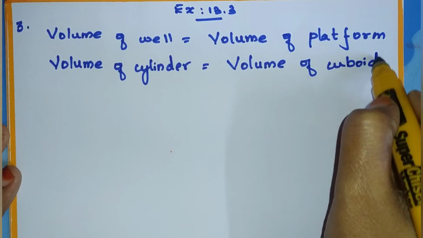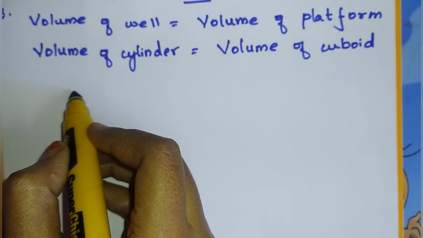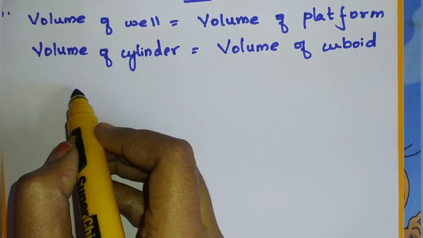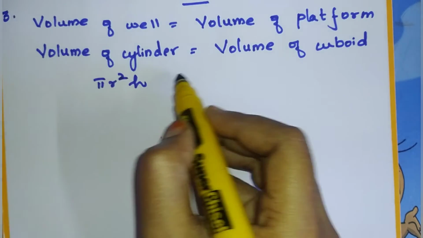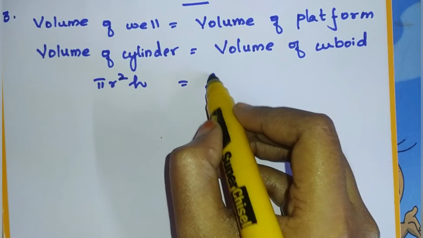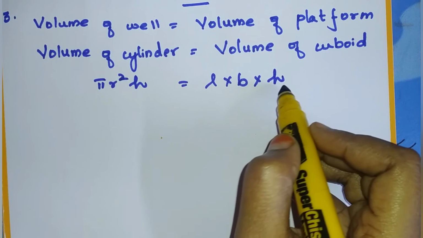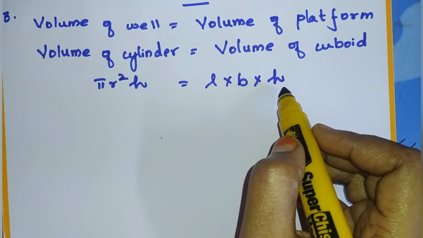So first write the formula: pi r square h is equal to cuboid l into b into h. You have to find the height of the platform, that is height of the cuboid.